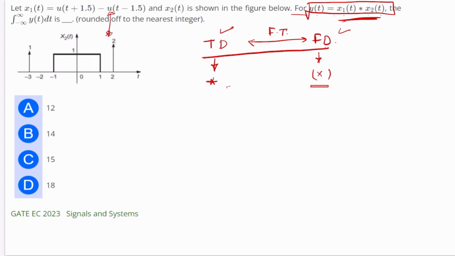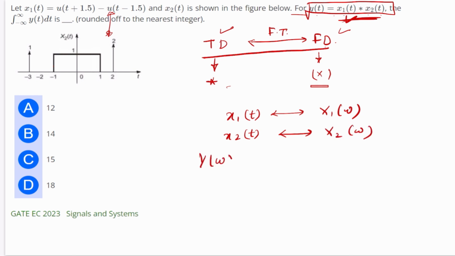To make this question very easy, what we can do is convert the function x1(t) into its frequency domain component, similarly x2(t) into its frequency domain, and we can easily say that Y(omega), which is the convolution of x1(t) and x2(t) in time domain, will be equal to X1(omega) into X2(omega). It's that easy.